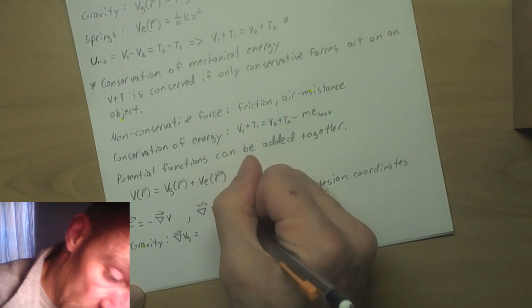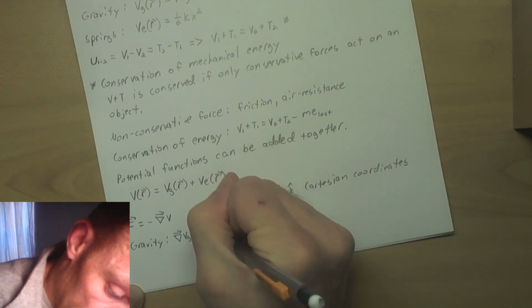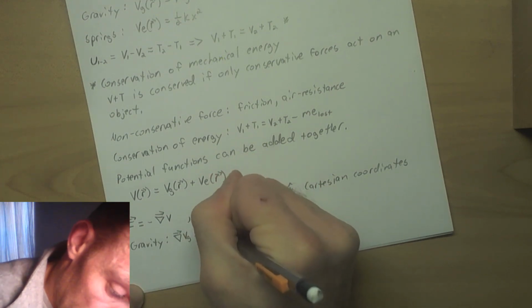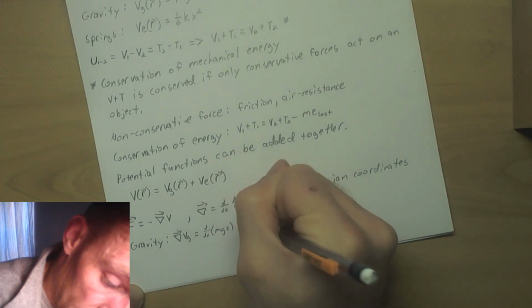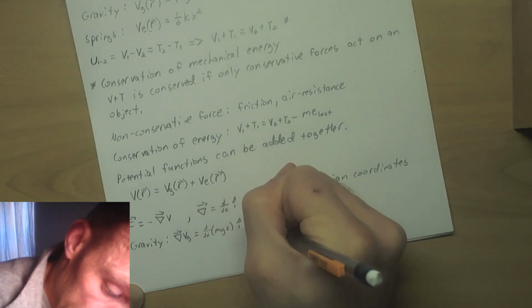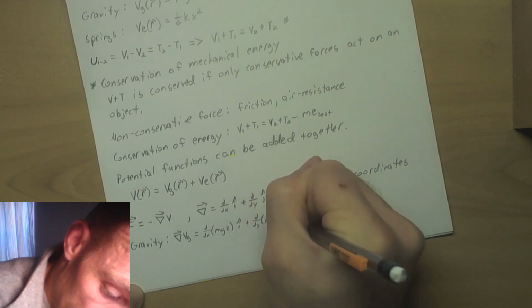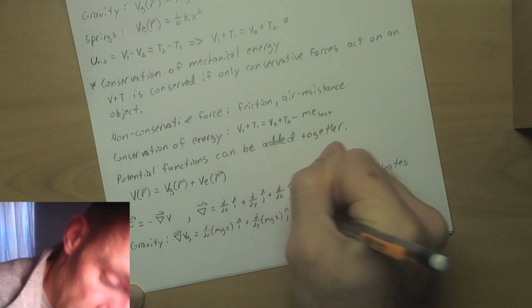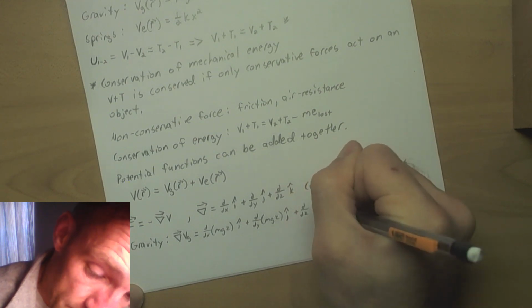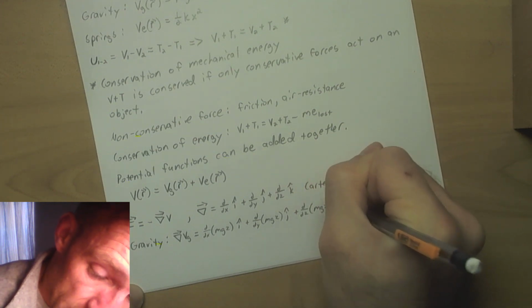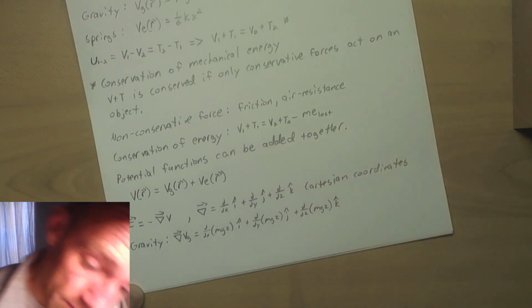So I'm going to take the derivative with respect to x of mgz times the I vector plus the derivative with respect to y of mgz times the j vector, and then derivative with respect to z of mgz times the k vector.